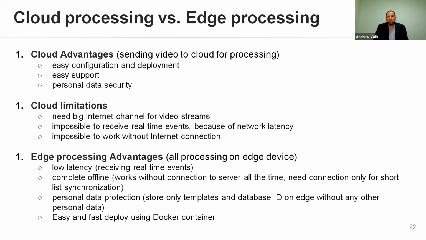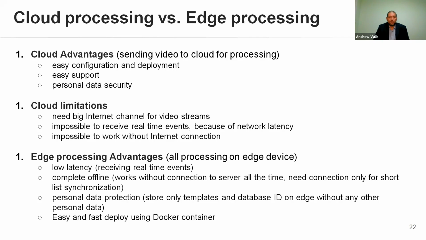And some comparison of cloud processing and edge processing. What we have with cloud advantages: it's easy for configuration and deployment, of course, easy for support and personal security. It's usual for us when all personal data is placed on one server, for example, and you can protect it.